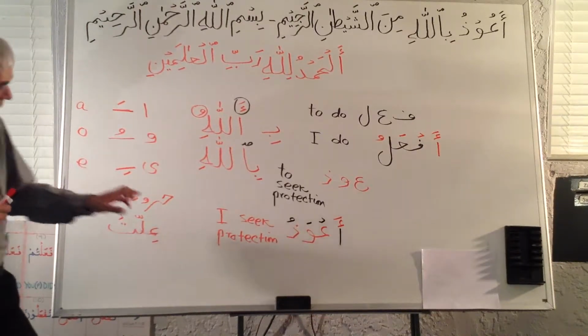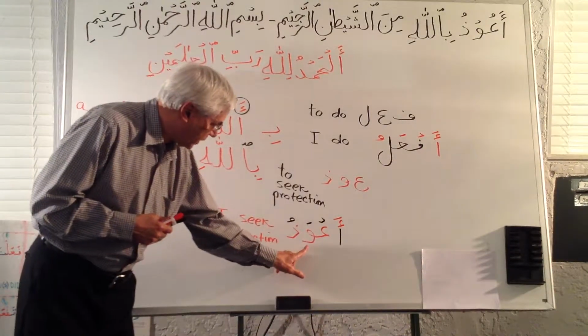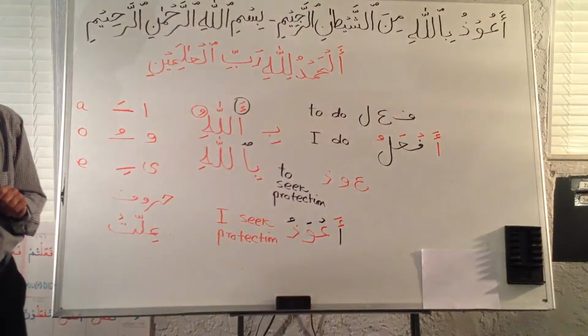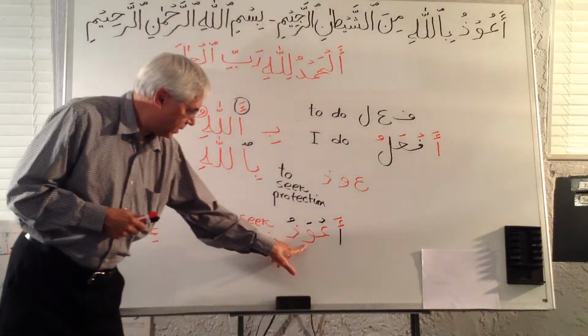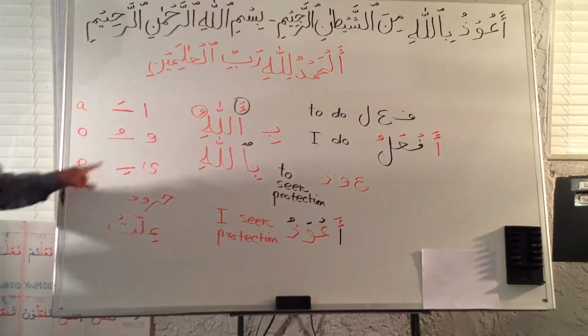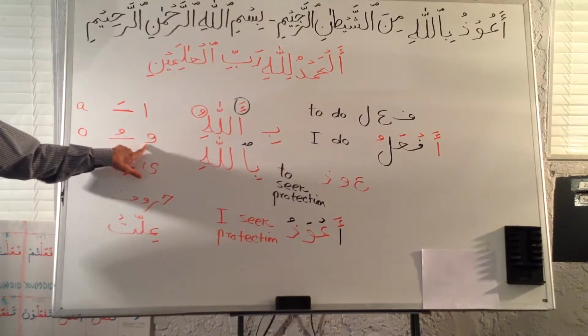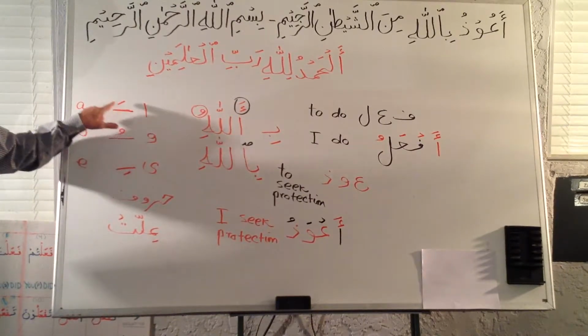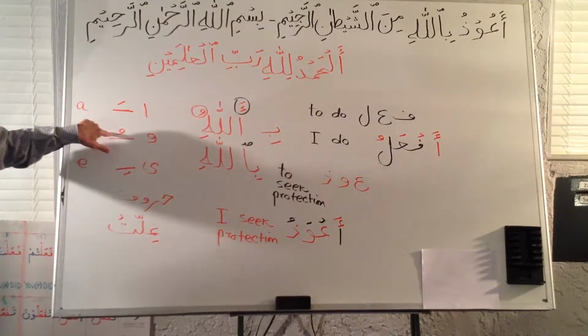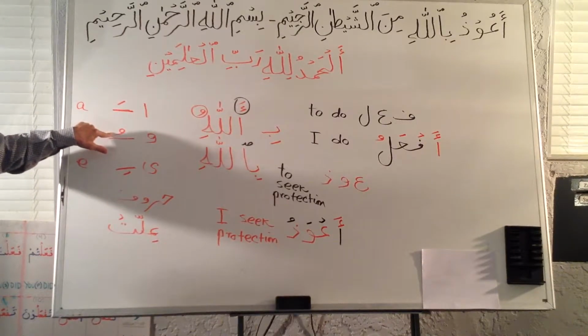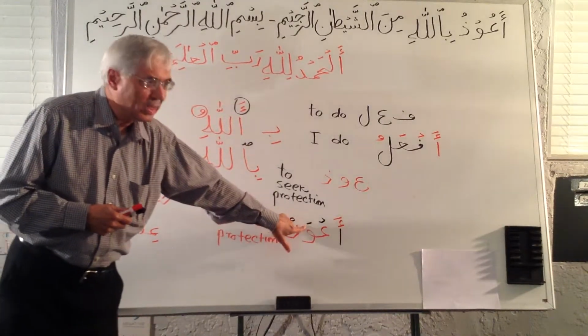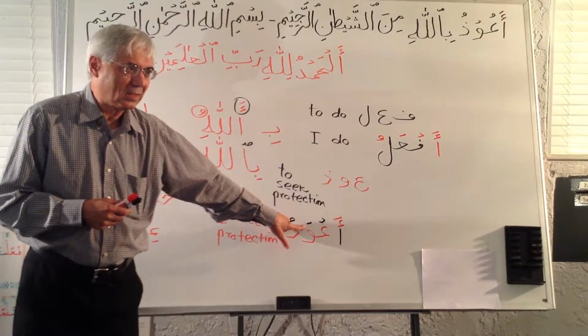Now, look here, one thing. Look at the letter waw. This waw is here, right? But the sound of the waw should be the sound of dhamma here. But the sound of waw is fatah here.